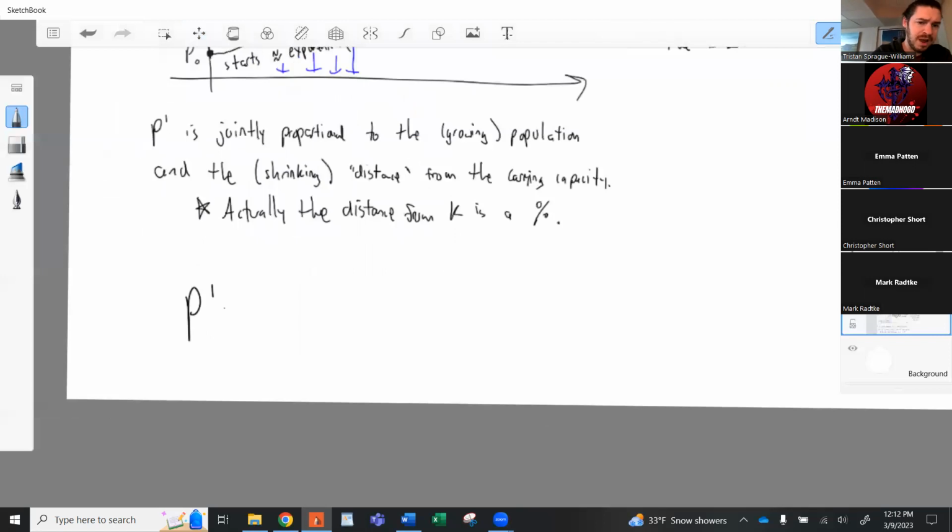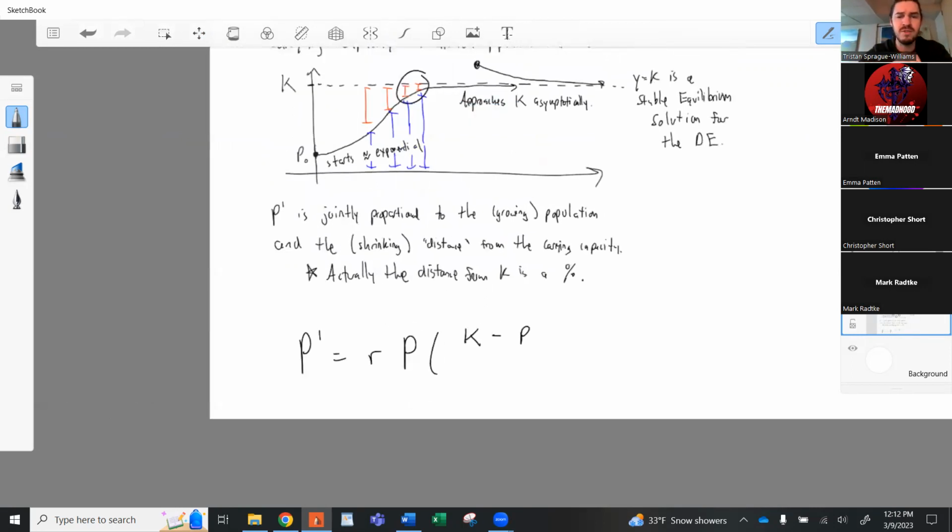We have P prime. It's proportional to P, so it starts out looking just like the original one, P prime equals RP, except it's also proportional to K minus P. That's the distance away. Let me color code this. P is our population, that's in blue right here.